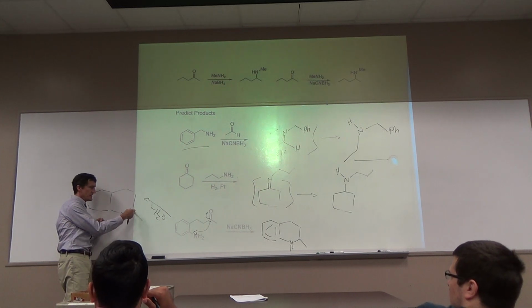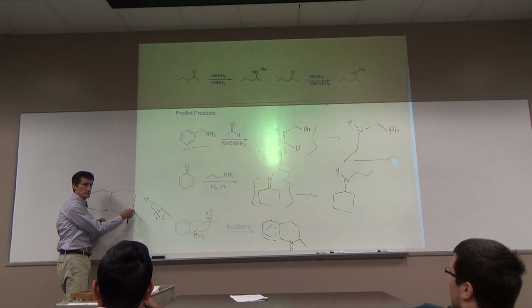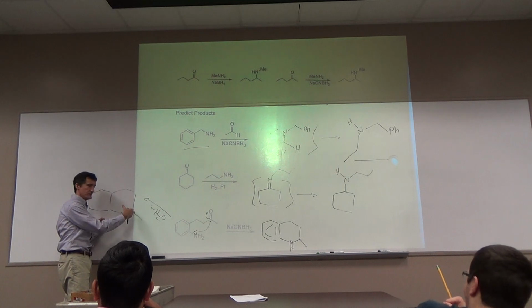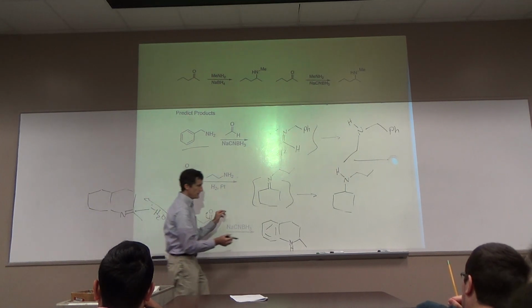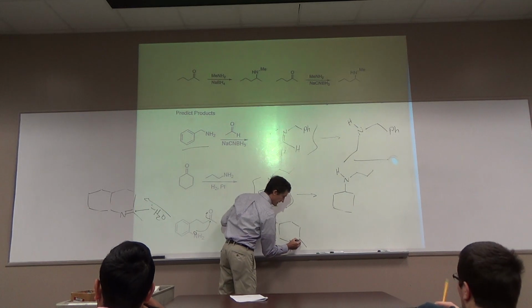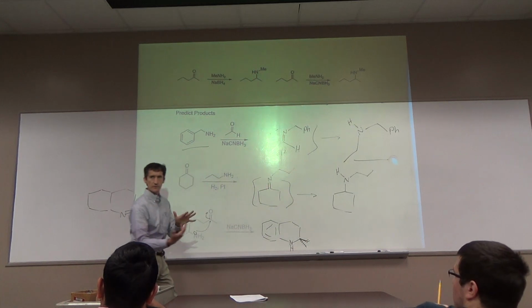When the hydride comes in, the new H is going to be either forward or back. If the H is forward, then that's back. It could also come in from the back.